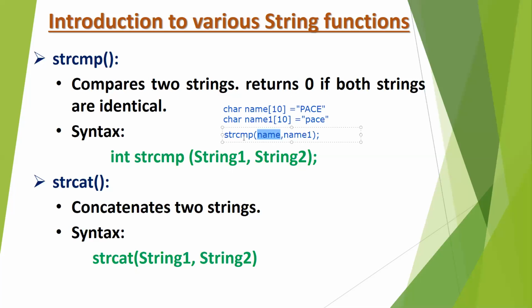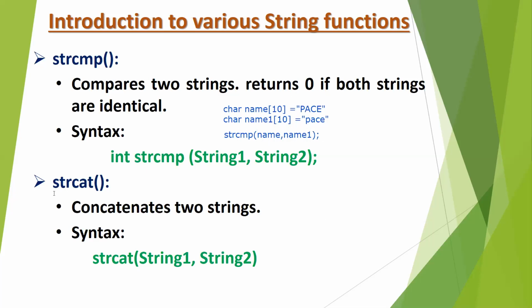If it returns a negative value, that means name 1 is greater than name. If both are equal, the return value is 0. When subtracting the ASCII values, if it is 0, both are equal, so the case is equal, right?